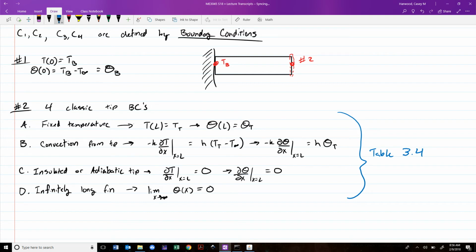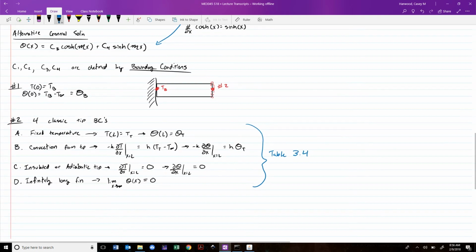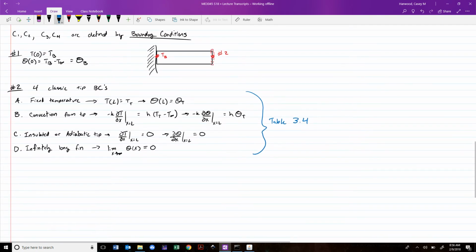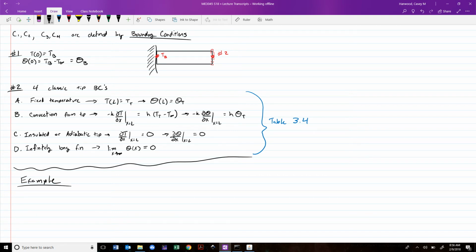And the section in which table 3.4 is located has a good discussion of the physical reasoning for each of these boundary conditions. Okay, fine. We've summarized boundary conditions and discussed all these different configurations. Let's put it into practice with an example problem.